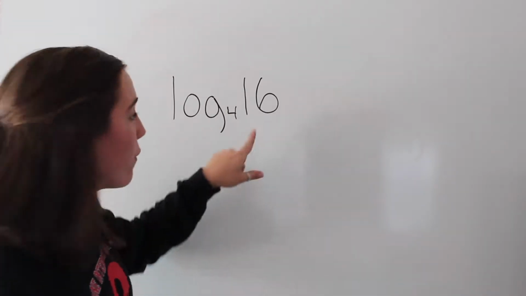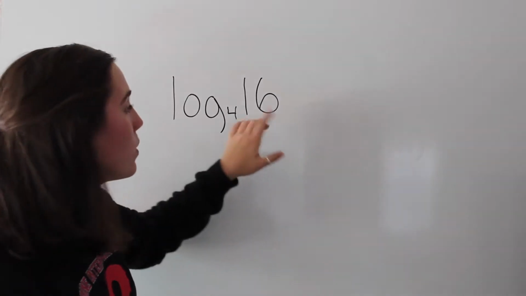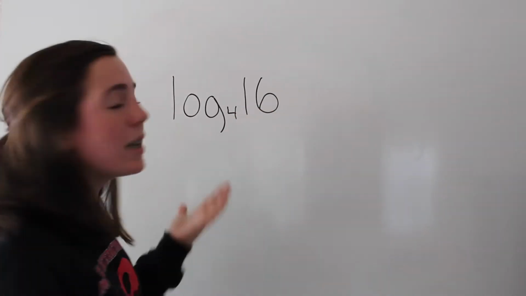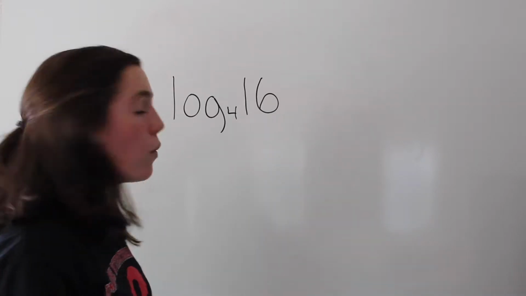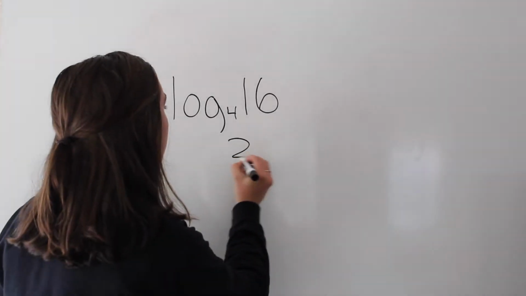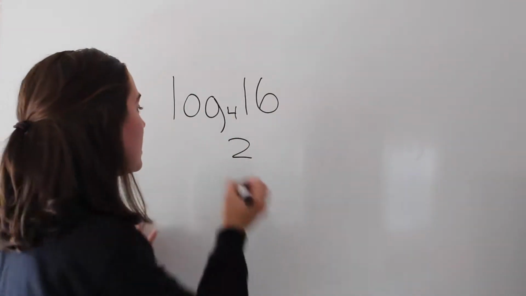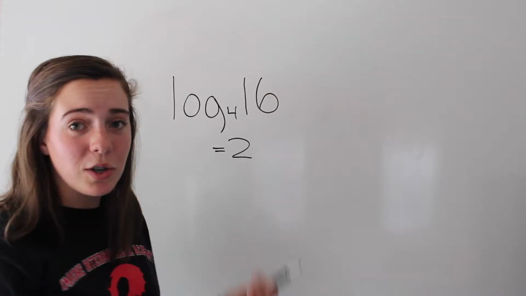We're going to look at 4, because that's our base, to what power is equal to 16? Now this one's pretty easy, because 4 squared, or 4 to the power of 2, is equal to 16. So our answer to log base 4 of 16 is 2. Now let's continue on to our problem.